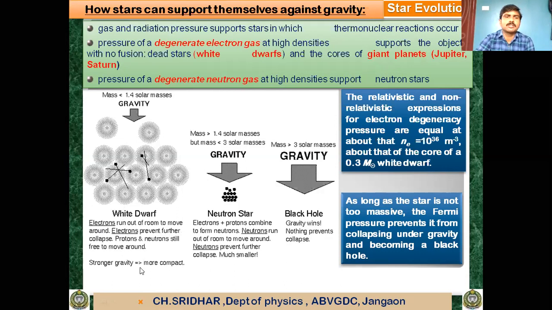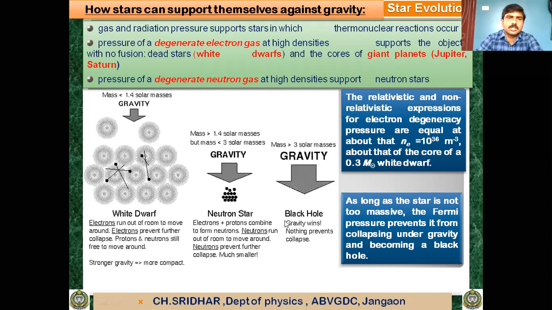So stronger gravity, more compact. If the mass is greater than 1.4 solar masses but less than 3 solar masses, it becomes a neutron star. Electrons plus protons combine to form neutrons, and neutrons run out of room to move around. Neutrons prevent further collapse, much smaller. And if the mass is greater than 3 solar masses, it becomes a black hole, gravity wins, and nothing prevents collapse.